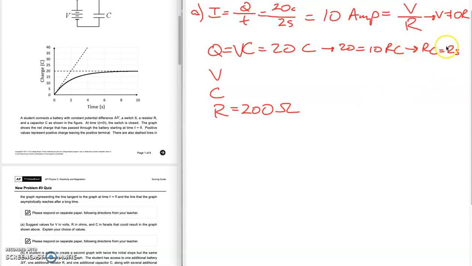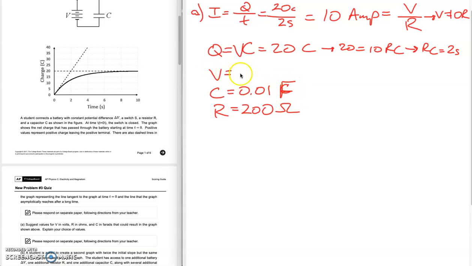That's our time constant here. So when we do 200 times C, we need to get 2. That will produce a capacitance of 0.01, and that'll be farads.